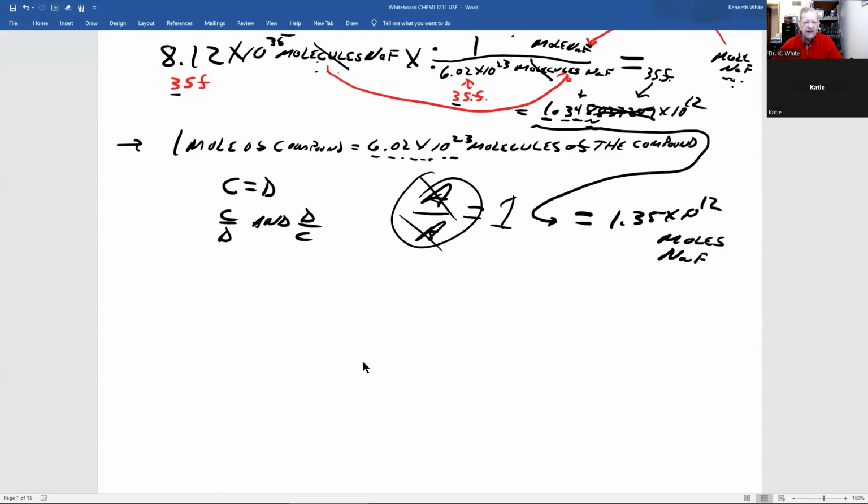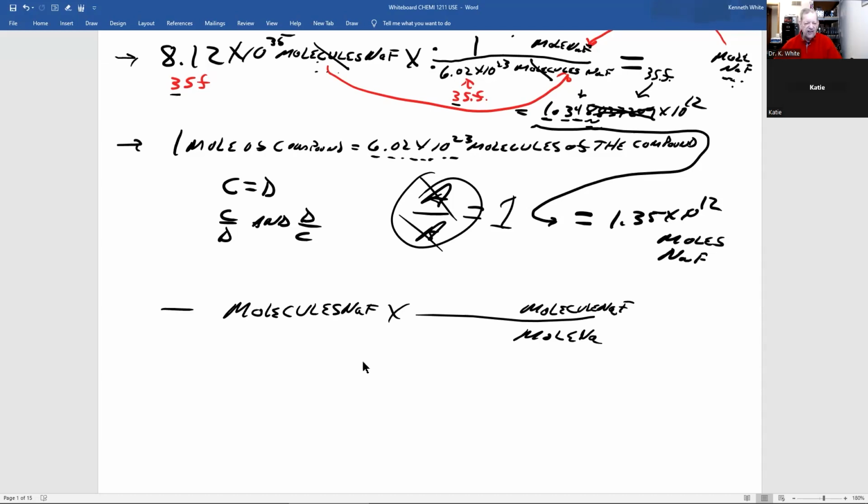All right. One other thing I want to point out, and I've said this a couple of times about checking your units. This is the correct way. What if you did it backwards? And I'm not going to put the numbers in. We look at this, which is wrong. How do we know it's wrong? Well, what units do you want to get?